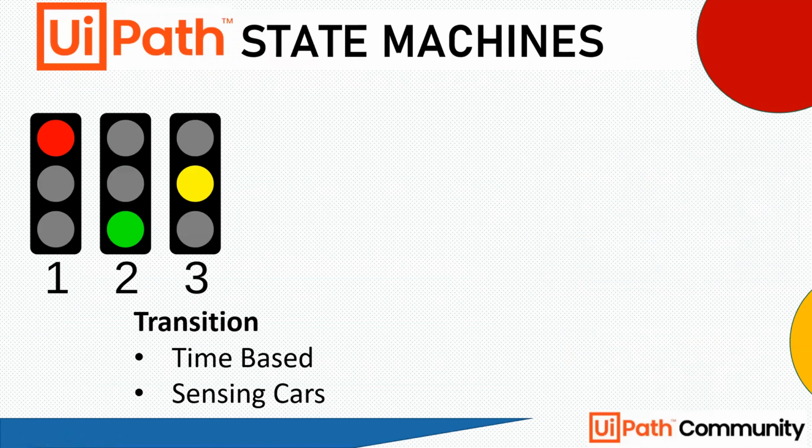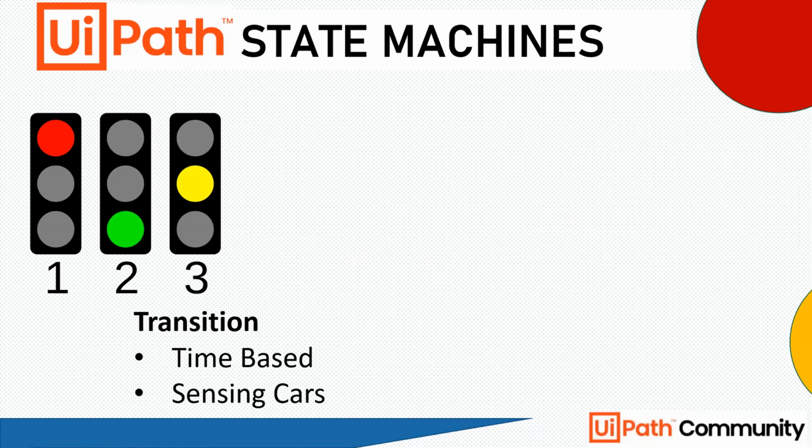So what is a state machine? We all have seen the traffic signals, right? At a time it is green, at a time it is red, at a time it is yellow, right? Is it possible that you can have green and red at the same time? No, right?